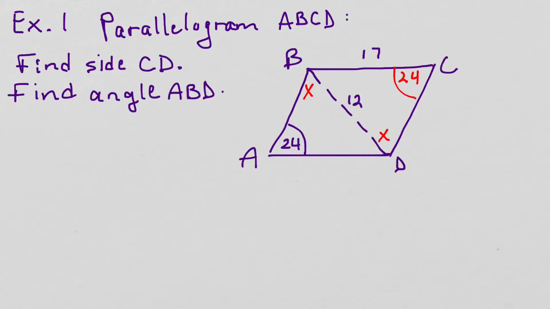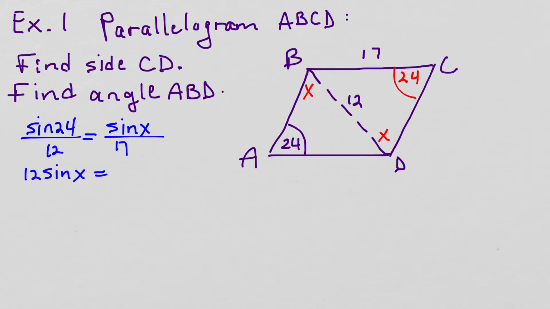So that would look like sine of 24 over 12 is equal to sine of X over 17. So that would mean 12 sine of X is equal to 17 sine of 24.